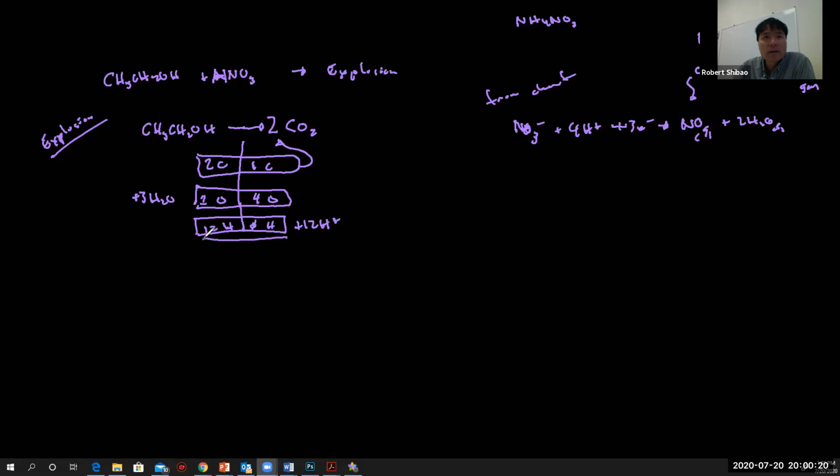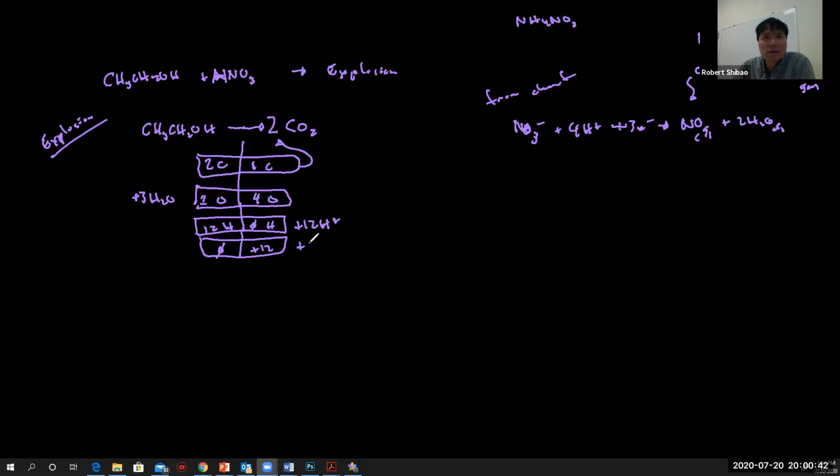And then we balance out the charge, making sure that the charge on both sides is balanced, whether it's 0 or not. On the left, it just happens to be 0. Ethanol is neutral, water is neutral. On the right, CO2 is neutral, but hydrogen is plus, and we got 12 of them, so it's plus 12.